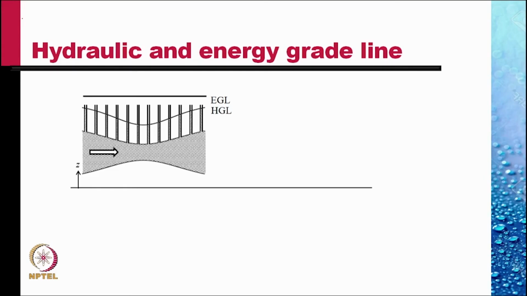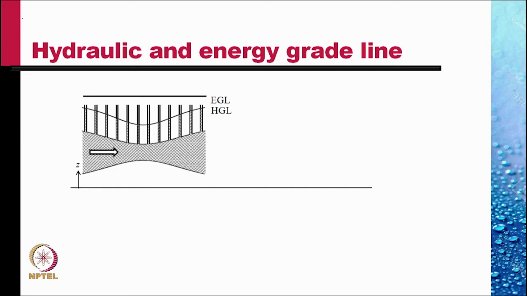Consider a converging diverging channel with a liquid flowing in this. Simple application of the Bernoulli equation would show that as the fluid moves down this channel, in the converging portion the velocities would be increasing and so the pressure would be decreasing. In the diverging portion the velocities would be decreasing and the pressure would be increasing.